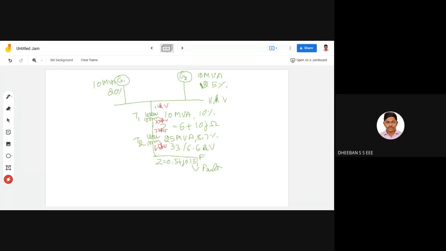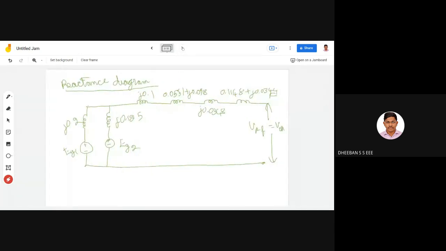Apart from this, there exist two transformers, T1 and T2. From the 11 kV bus, the voltage is stepped up to 33 kV, and again from this 33 kV, it is stepped down to 6.6 kV. Initially, we have to find all the reactances.